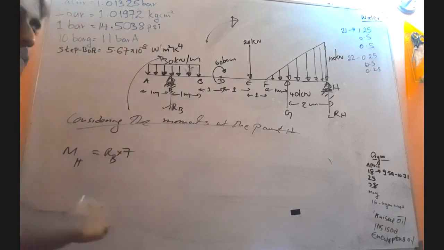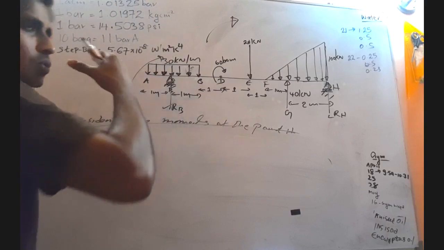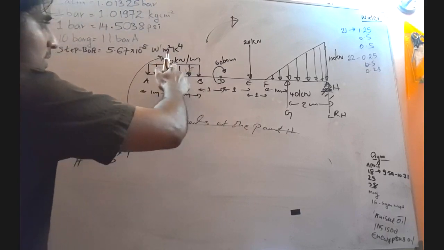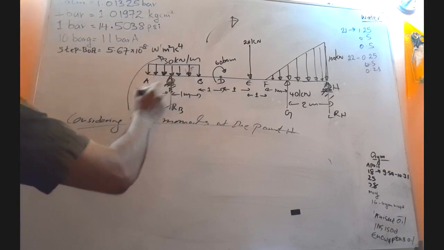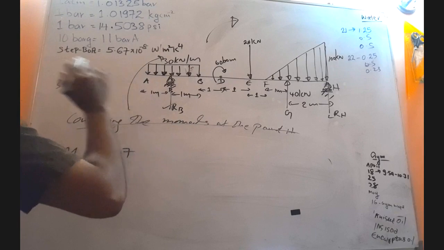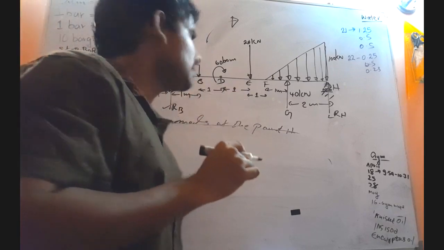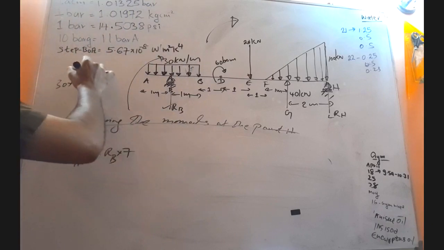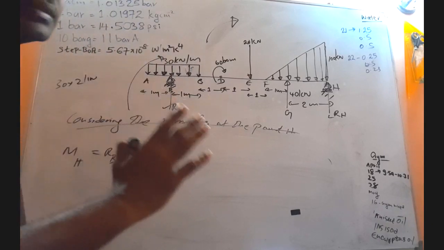Now here there's a special scenario. First of all you have to find the total load. 30 kilonewtons per meter into the distance, which is 2 meters. So 30 into 2, that is the total load, 60 kilonewtons. What is the point where it acts? The center of gravity.